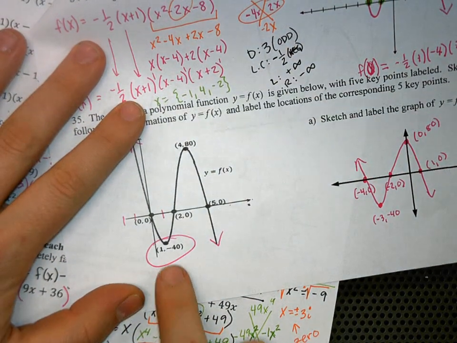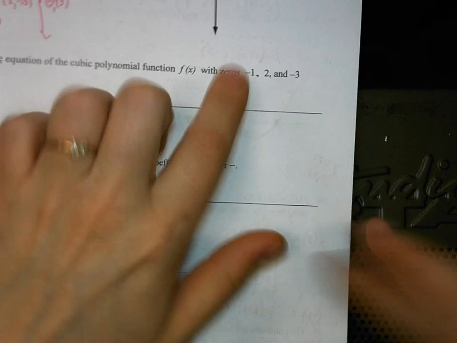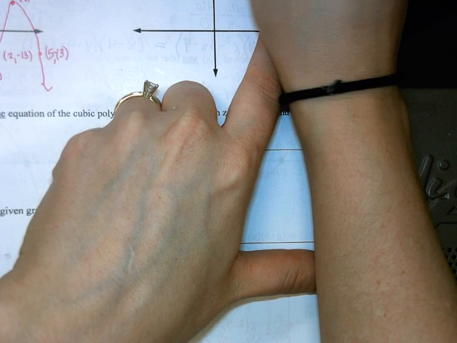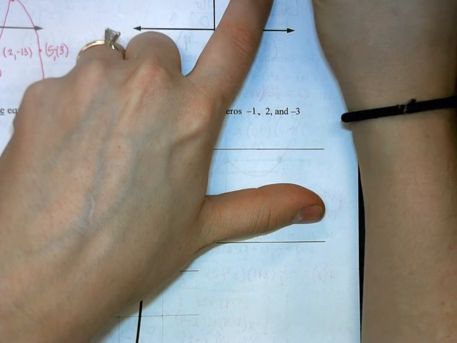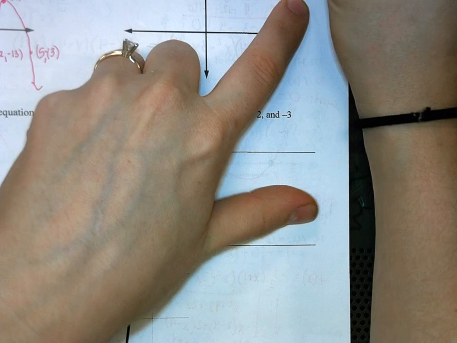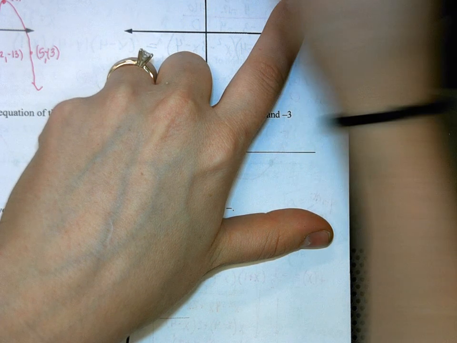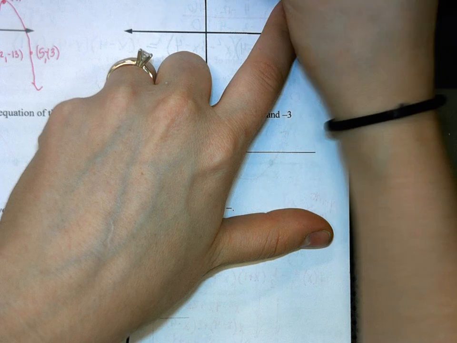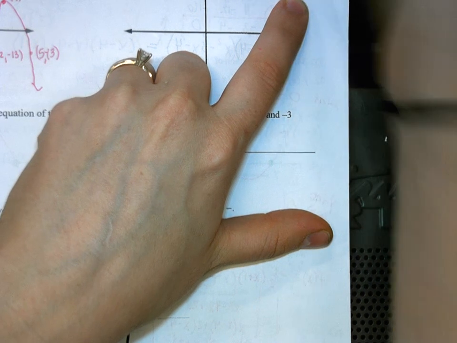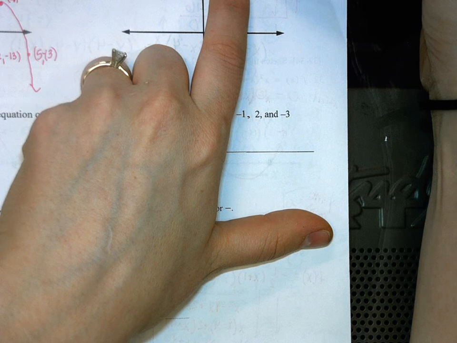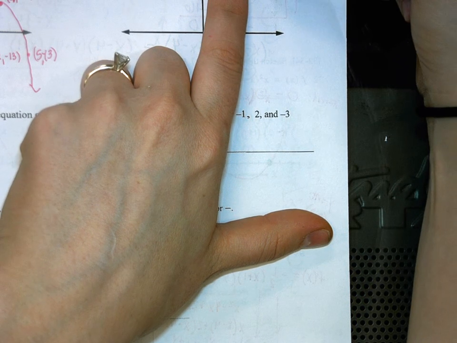I am going to write that point at the top. This is how it started. My new point, my y value needs to be the opposite and then go down 10. But it doesn't say anything is changing about my x value, so that x value is going to stay exactly the same. So my original y value is -40. I want to take the opposite of that, which is +40, and then subtract 10, which is 30.